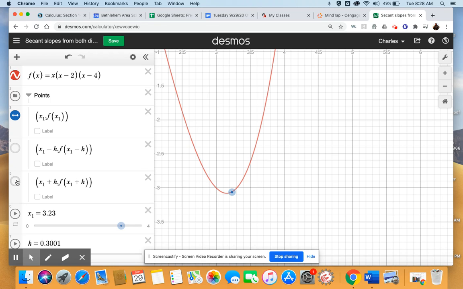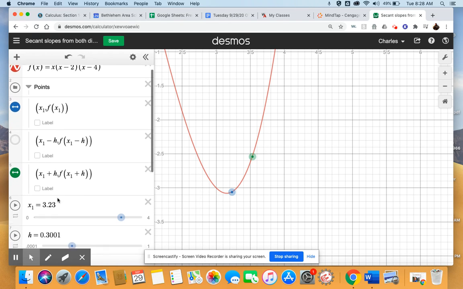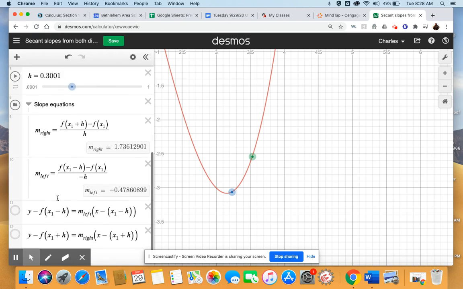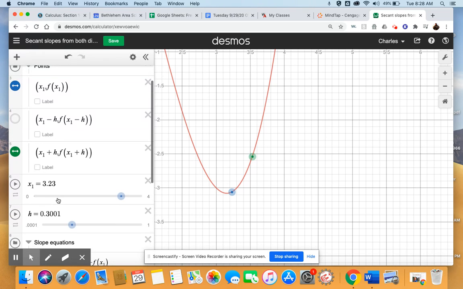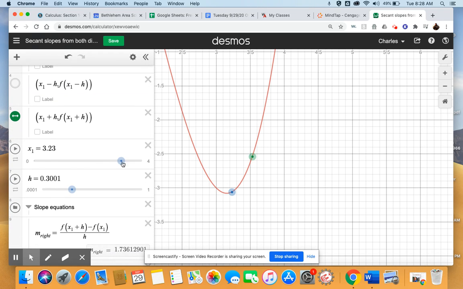And so we're going to go ahead and turn that point on. If there's a lot of stuff going on here on the left, you don't need to pay attention to all of it. But we have a slider here that will define where our x value, our blue point, is, and we can move it. And you'll see the other point moves with it, and that's because it is locked in and associated with that first point.